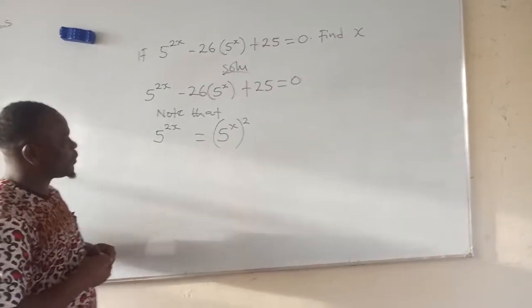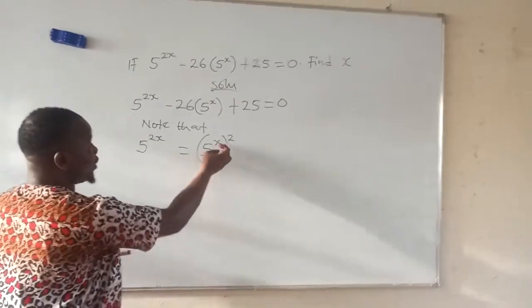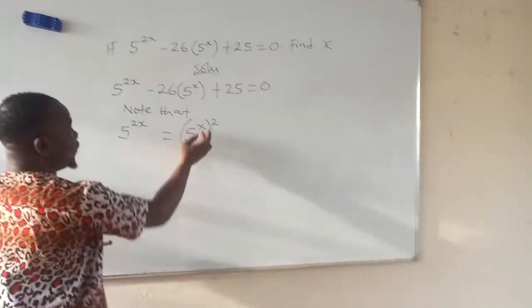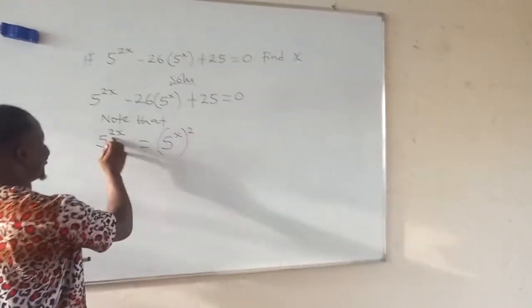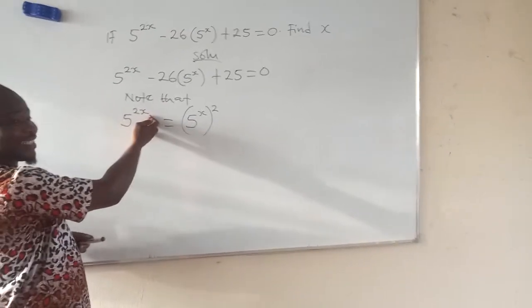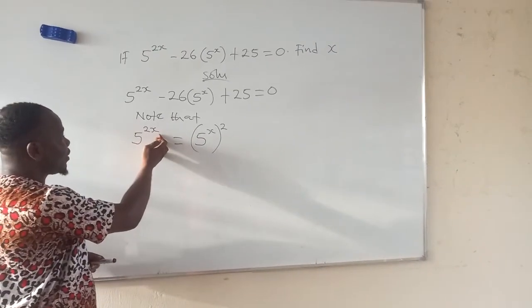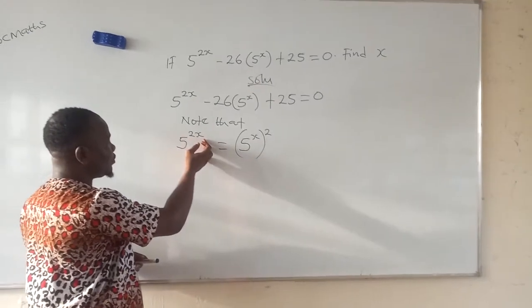Do you agree with me? It implies that you are going to use the power law. If you use the power law, x times 2 will give you back 2x. Do you understand?